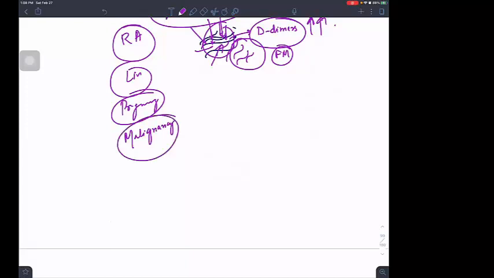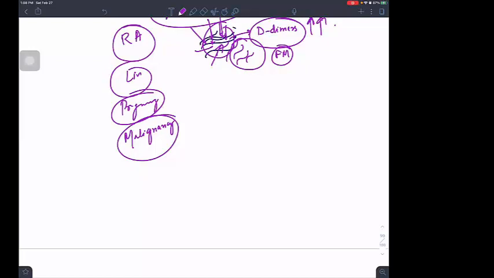So it is not specific, but it is sensitive. It is not so specific that it will only be because of thrombosis. It can be increased in any inflammatory scenario happening in the body, in that high range of values.